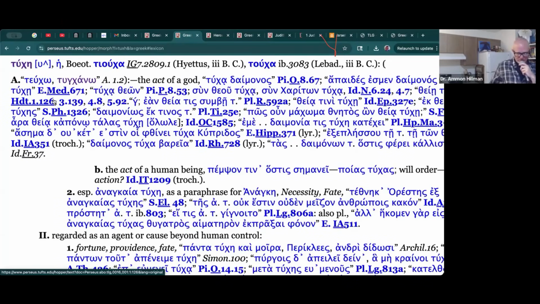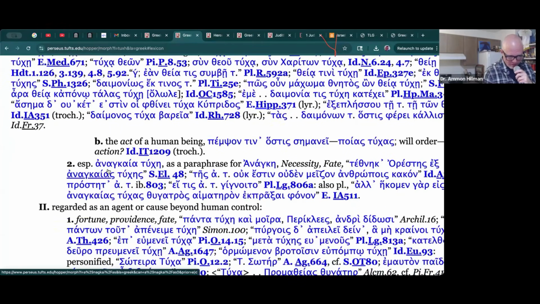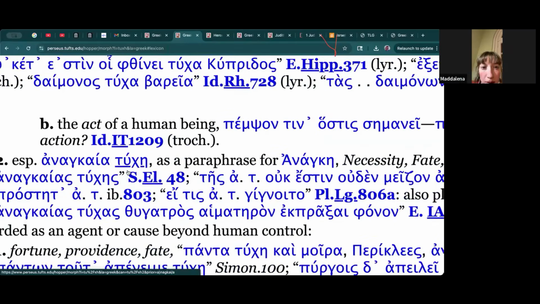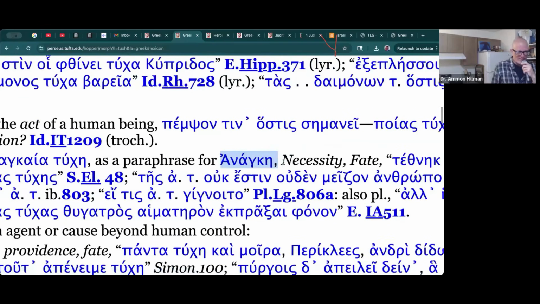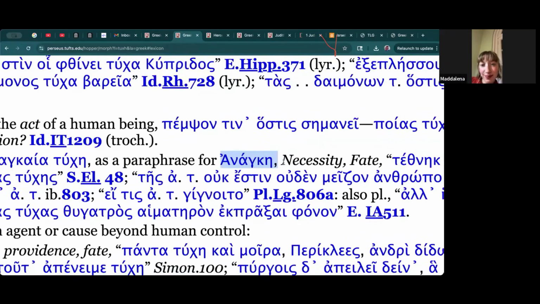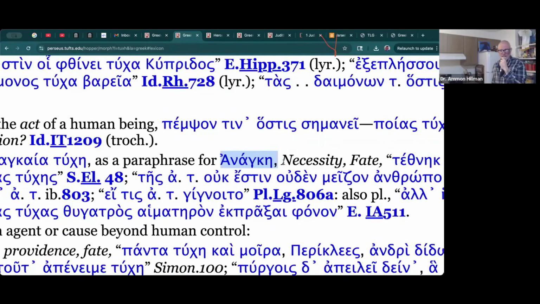Tuche is, look at number 2. Anankaia tuche. Who is she? It's a way of referring to Ananke, or necessity. And you see they also put their fate. Oh, nice. Right? Ananke. Now, if you see that name Ananke, you're going to recognize it because you've been reading Orphic fragments, which you can access right now.